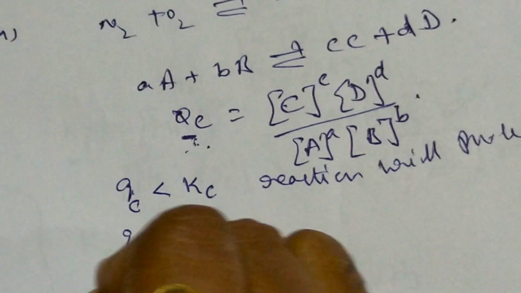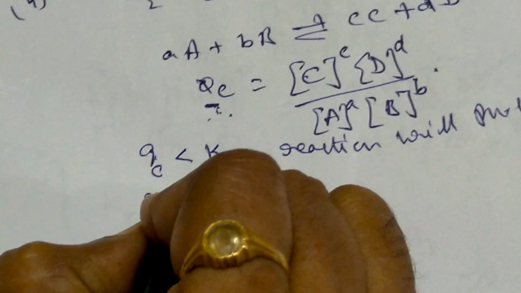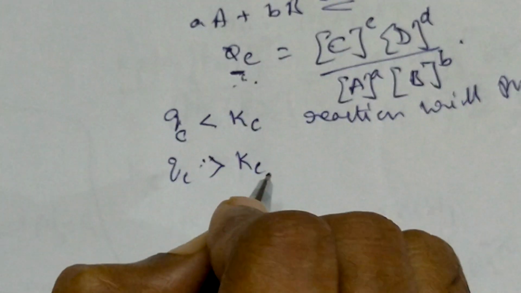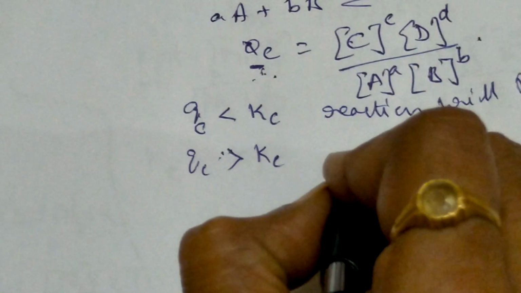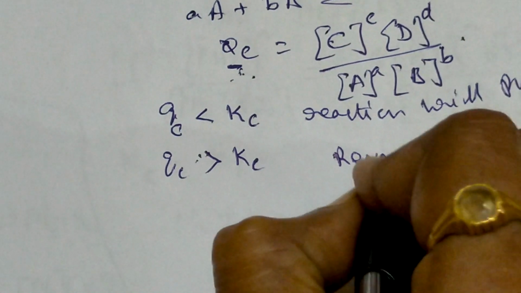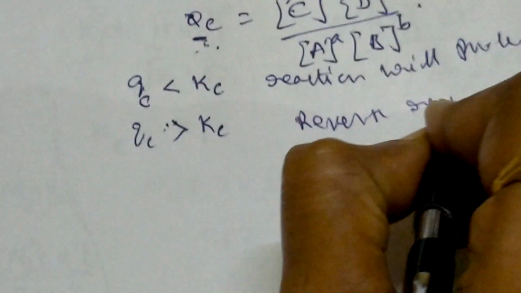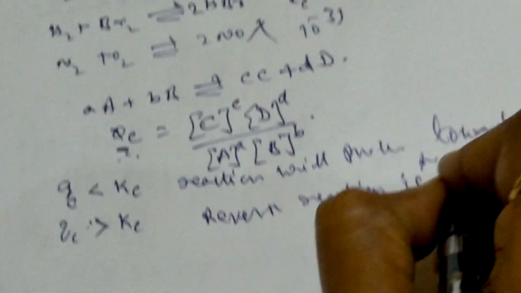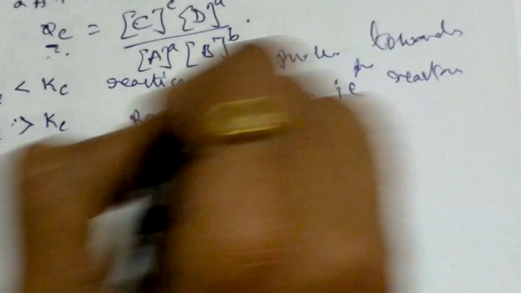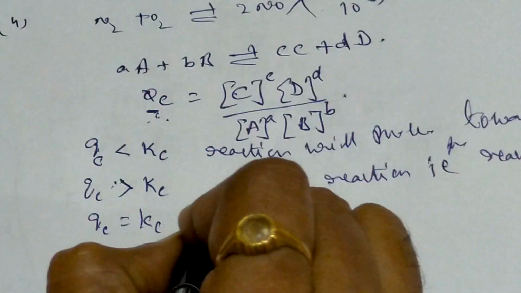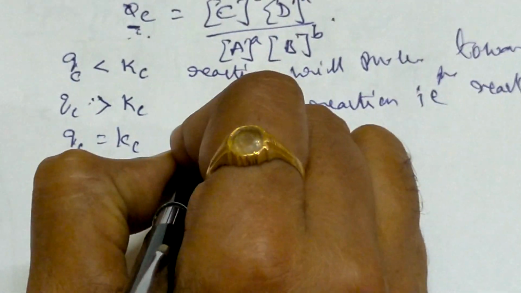If Qc is greater than Kc, the reverse reaction occurs, toward the reactants. If Qc equals Kc, it is already established, that means it is in equilibrium.